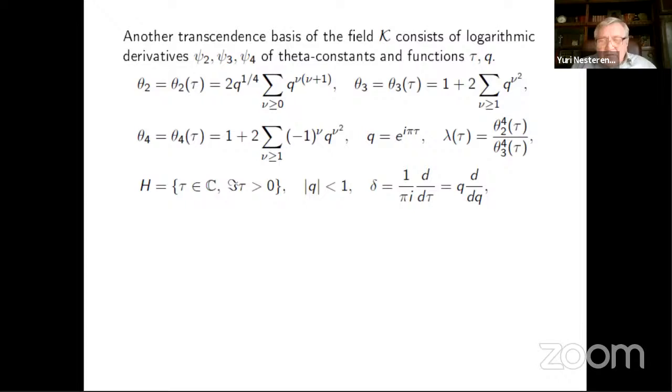The Ramanujan functions form a transcendence basis of this field K. In fact, there are different bases. For example, we can take a basis consisting of logarithmic derivatives of theta constants.